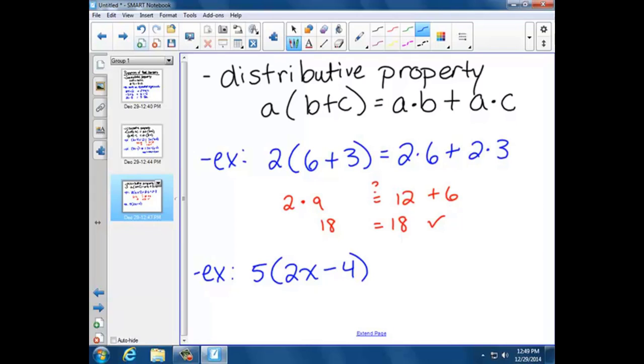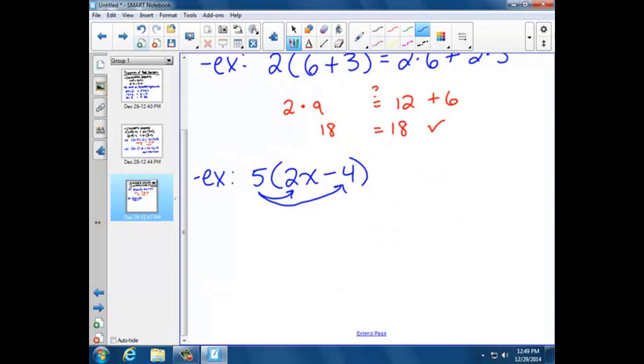Sometimes I like to show, I'm going to multiply there and multiply there. And this one I'm going to go underneath. So 5 times 2x, 5 times 2, that's going to be 10x. Minus, so notice in the rule it's a plus, but if it was a minus, you can just bring it down a minus. 5 times 4, 20. So we have to remember to multiply both parts by the 5.